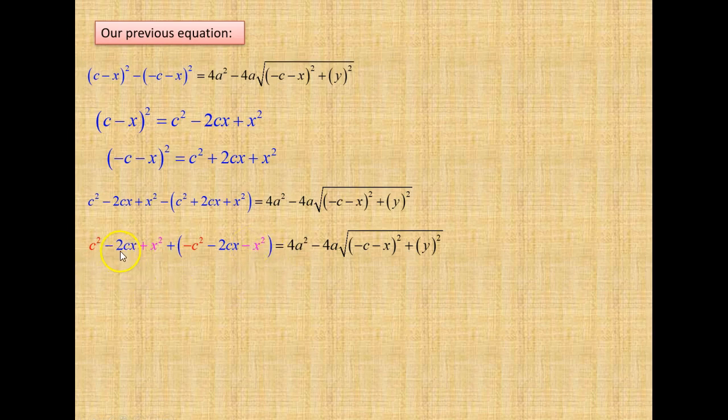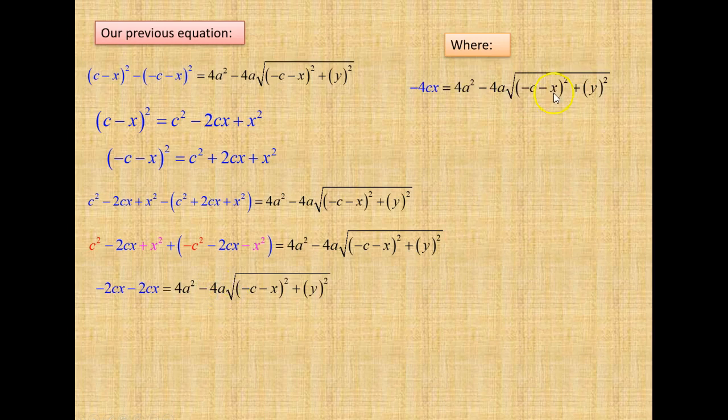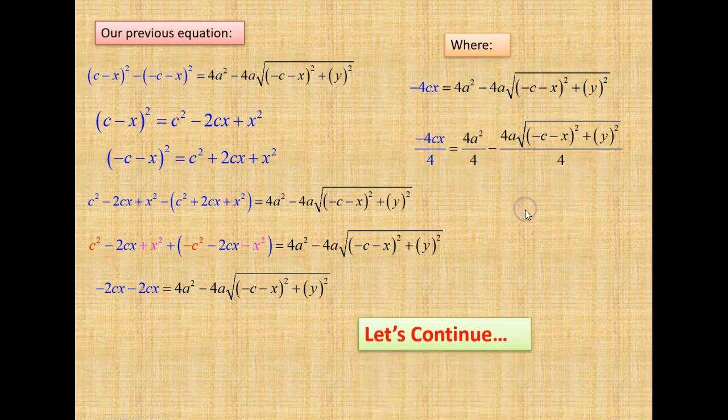And that leaves us with minus 2cx minus 2cx. And then we add those together. This is a lot of algebra. And now what we do is we divide through by 4.